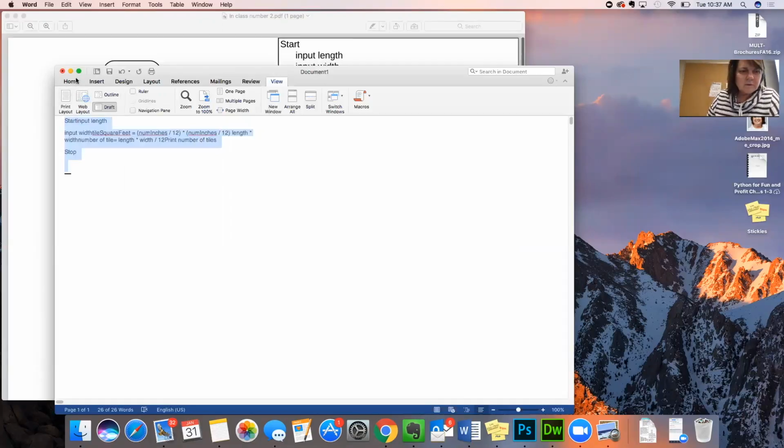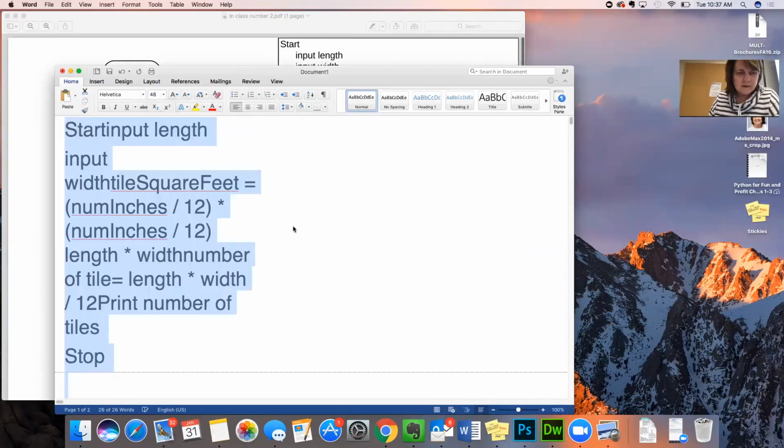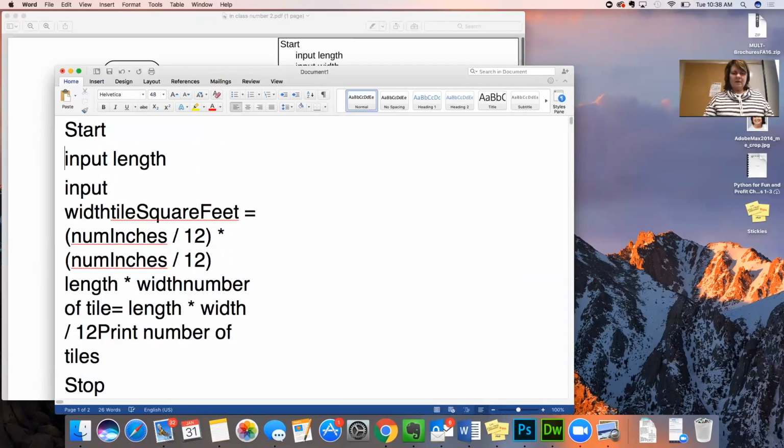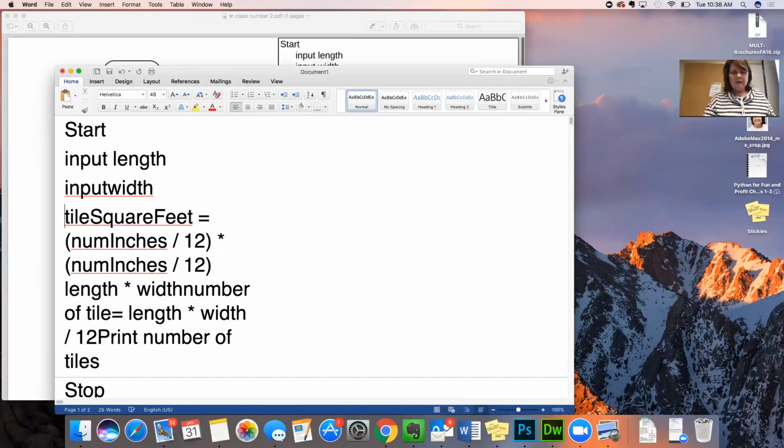There's more than one way to do this. Okay, so this one says start, input length, input width. And then they left off one more input.